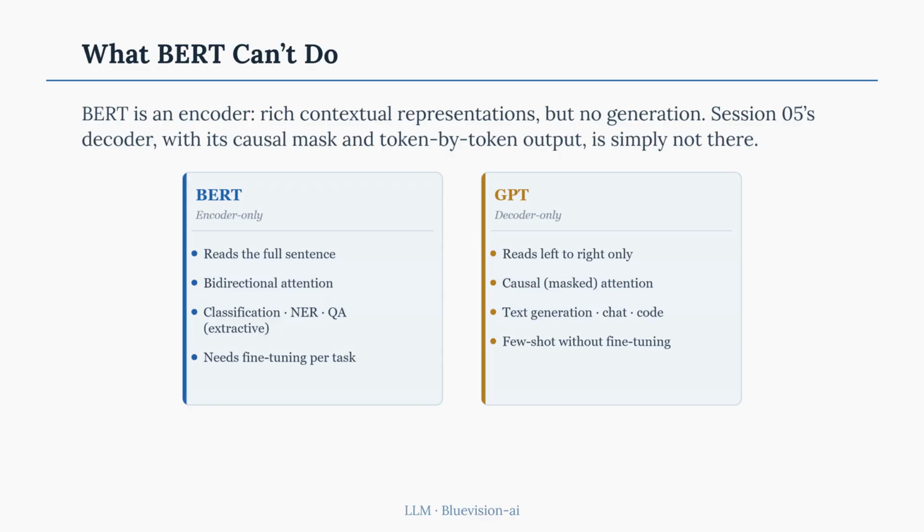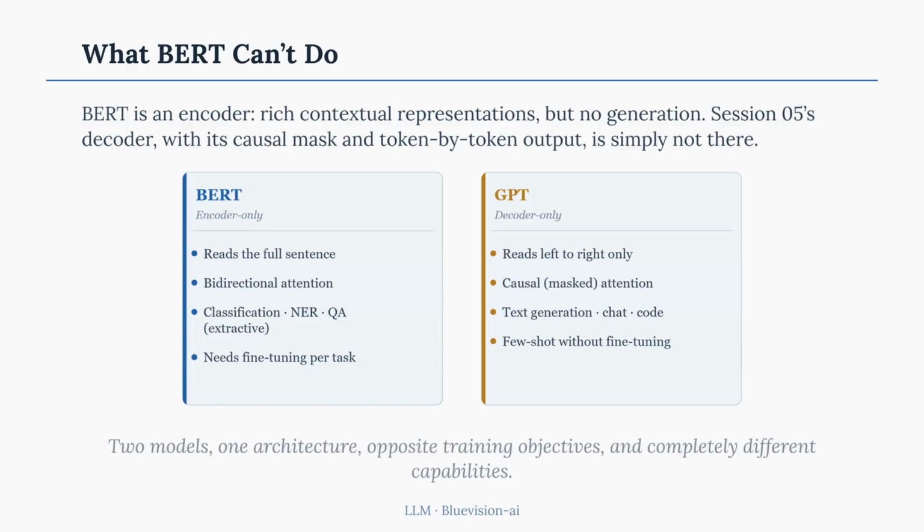GPT is the mirror image, strictly left to right, causal attention, and out of that constraint comes what BERT can't do. It generates text naturally, and it can take on a new task from a few examples in the prompt with no gradient steps at all. 2 models, 1 architecture, opposite training objectives, and completely different capabilities. BERT understands, GPT generates. And GPT is where we go next.